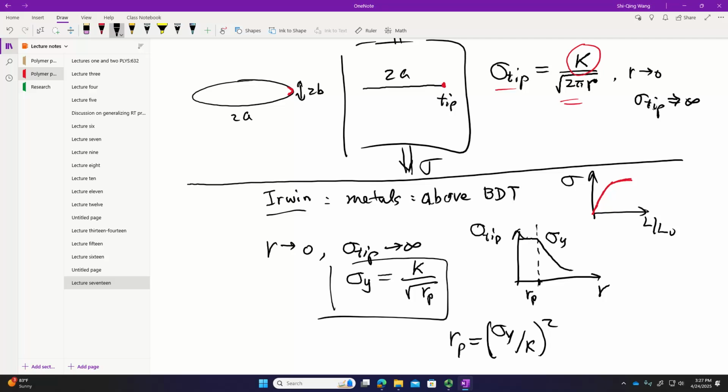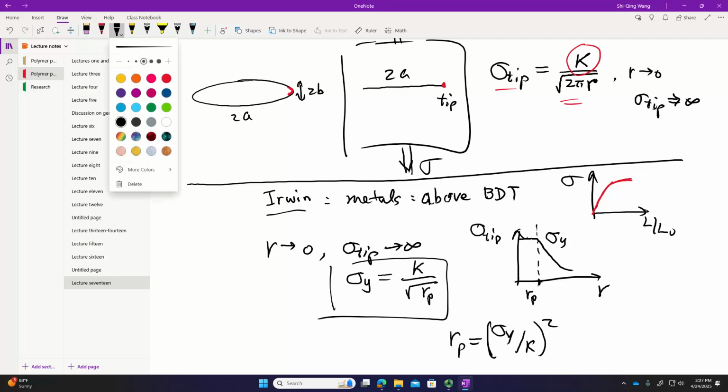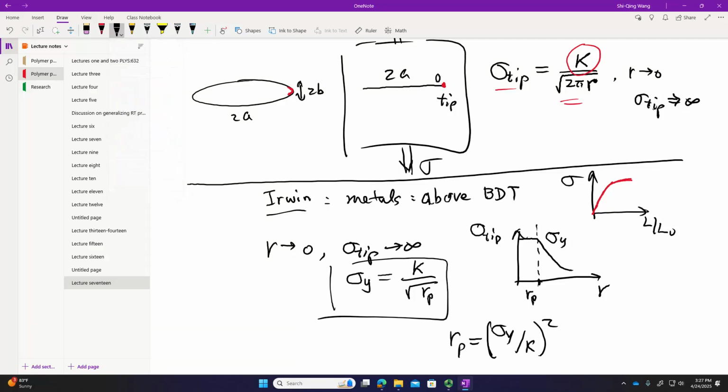R, like from the tip, K over R, right? So take the tip as the origin of your coordinate. R is some distance away. That's the R. So it's how far away from the tip.